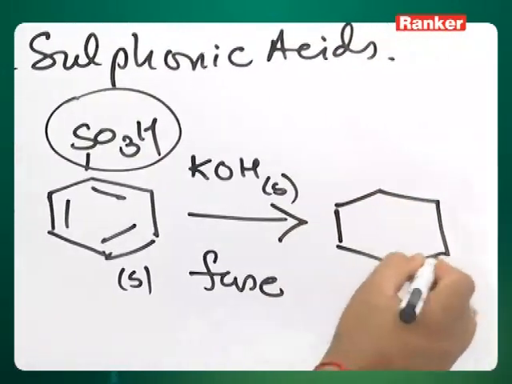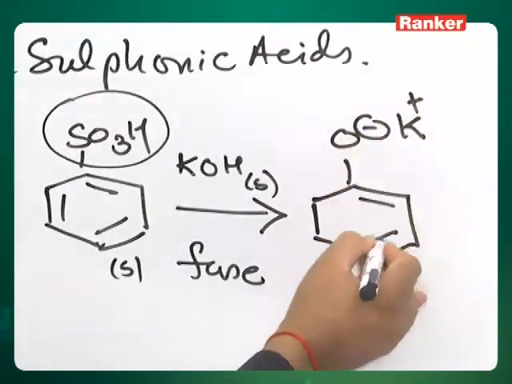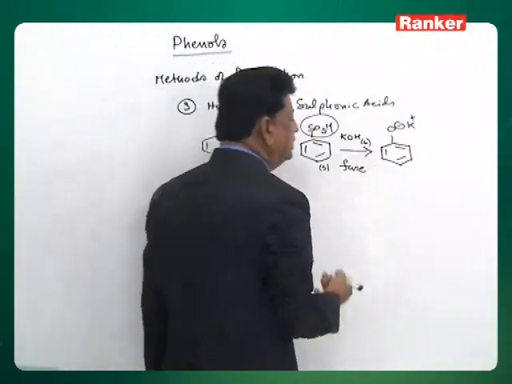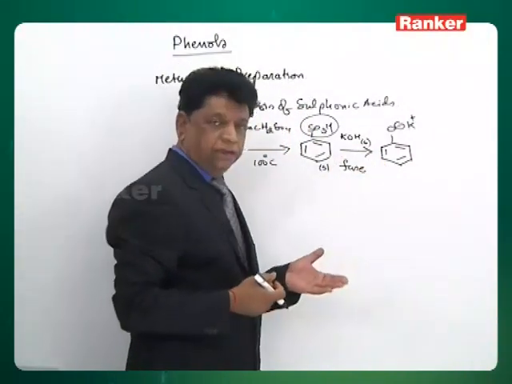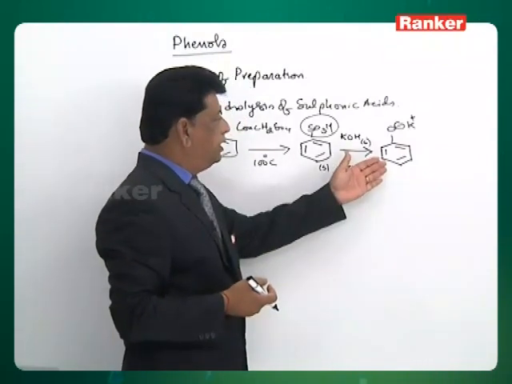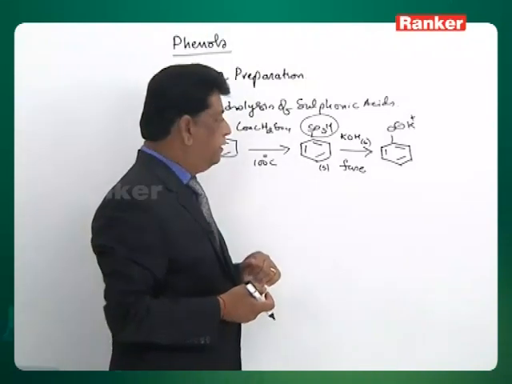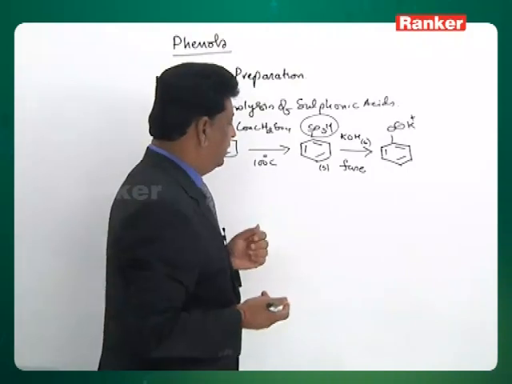So you will get the phenoxide salt of potassium. Potassium phenoxide will be the resultant, which can be marketed as it is also, because reactions like the Reimer-Tiemann reaction or Kolbe-Schmidt reaction need phenol salts, where you can take this directly and continue the Reimer-Tiemann reaction.